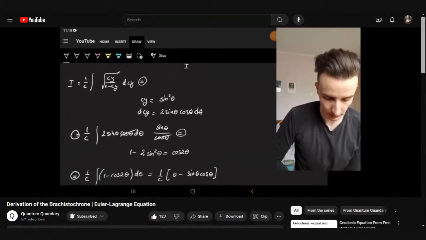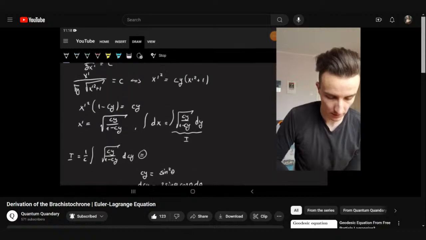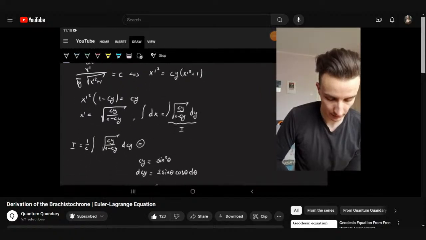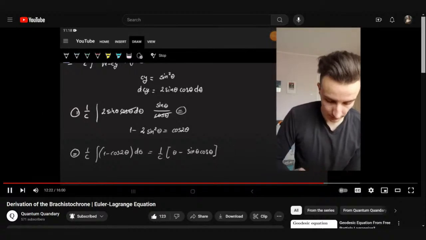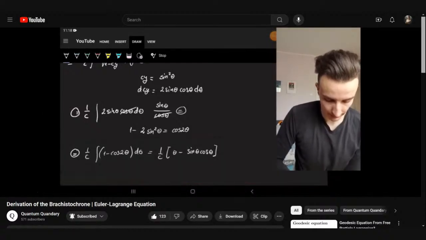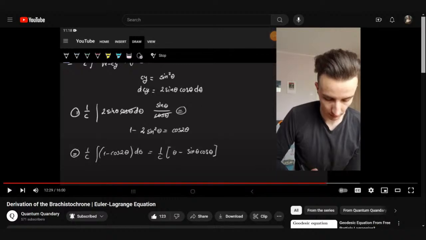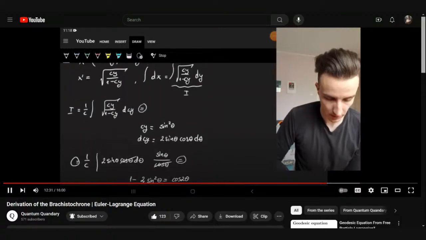And plus some other constant, huh? Guess we don't need it, do we? So 1 over c, theta minus sine theta cosine theta. Oh, because of the integral, he needs to add another constant. Should be plus d. Plus some other constant, huh?